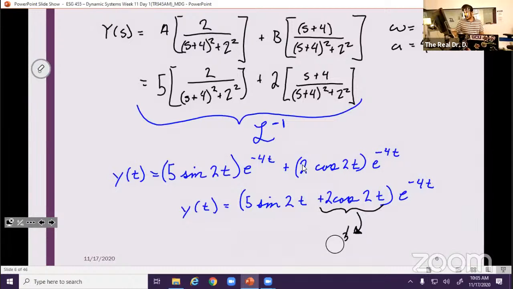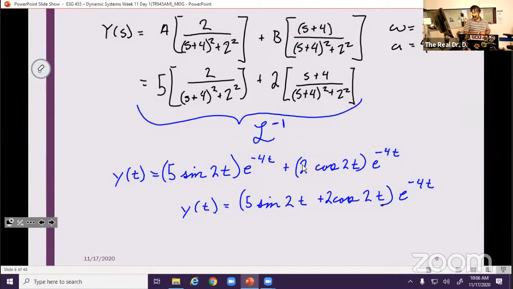AJ, think of it in another way too. You know that it's going to be a sine wave, but you don't know directly just by looking at that transfer function or the roots whether it's actually a sine wave or a cosine. It might turn out that your cosine component goes away and it's a pure sine wave.